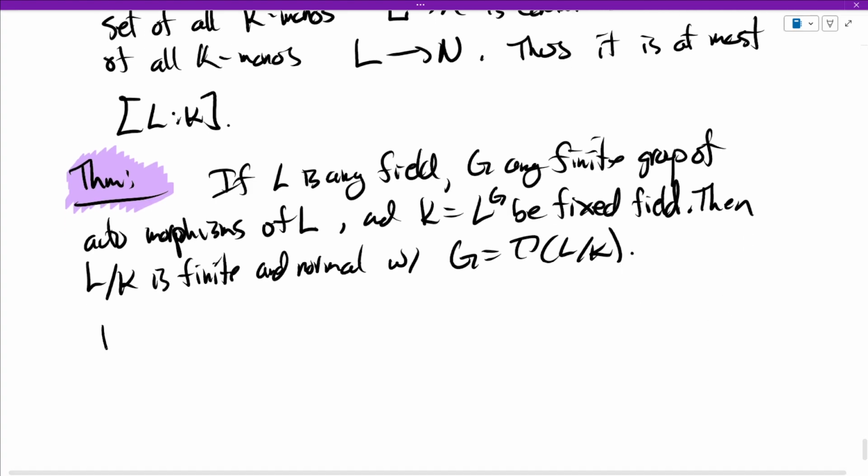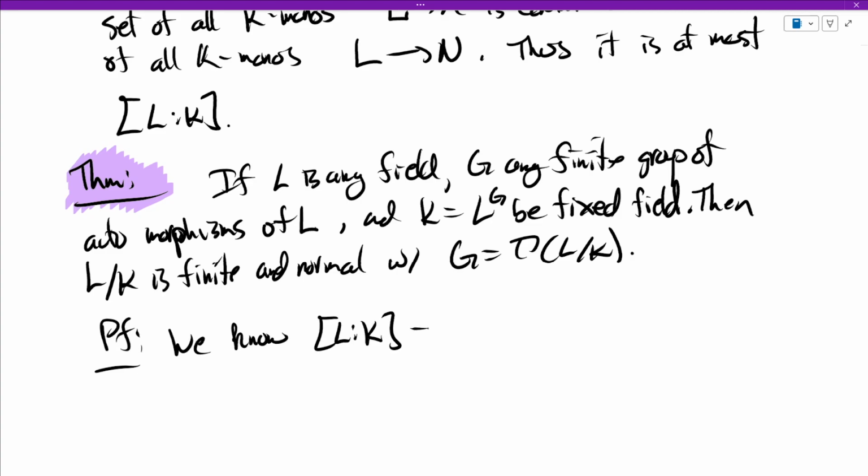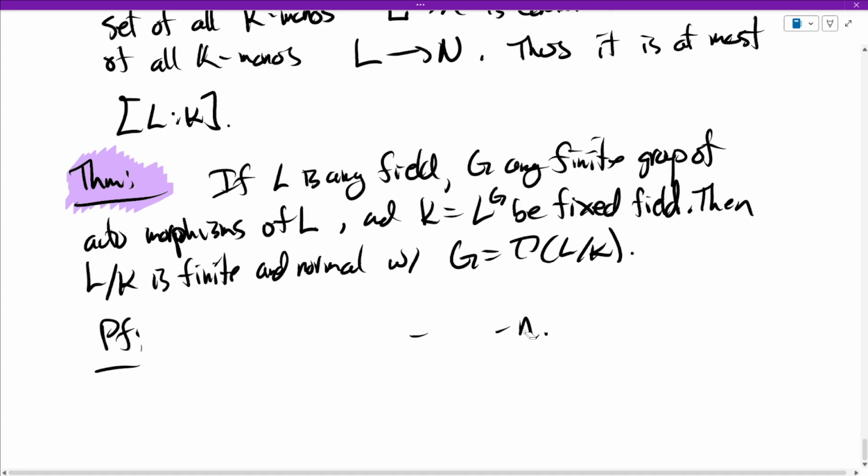Okay, proof. Last proof of the chapter. So we know that the degree of L over K is the order of the group because K is the fixed field. And I'm looking over the notes for this, and I think I'm going to omit the proof.